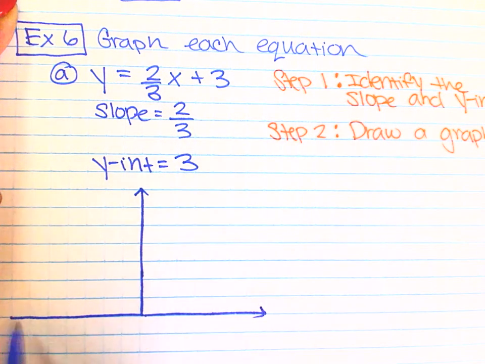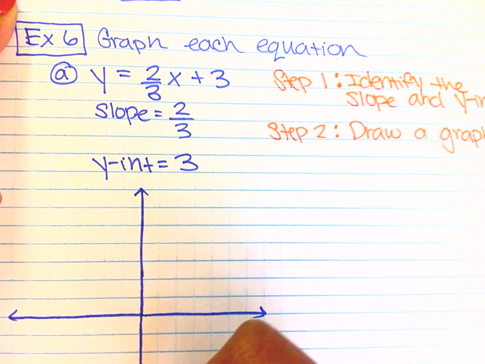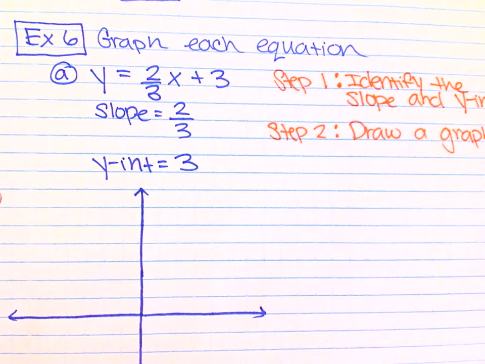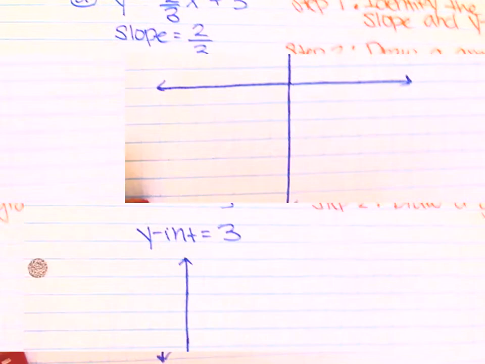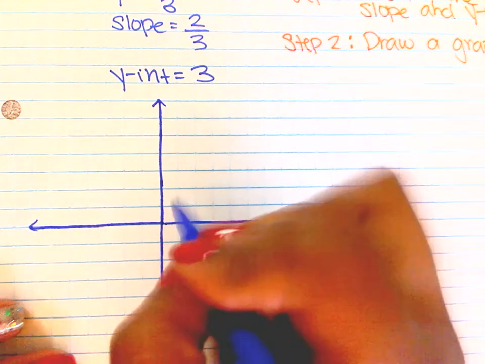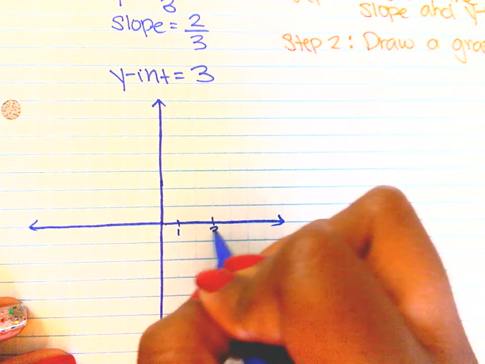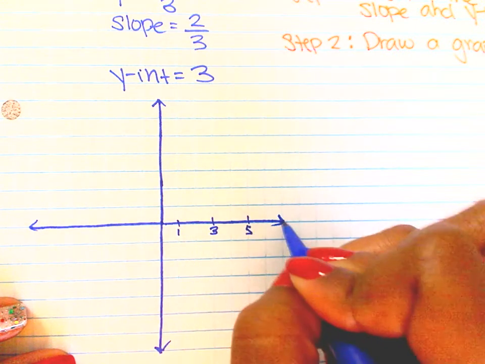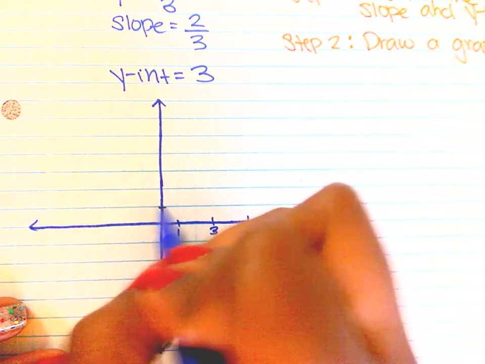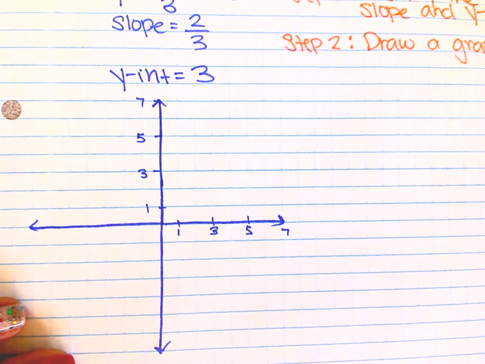You're drawing with me. I have completed step 2. I drew a graph. Now I need to label. I'm going to label by 3s. I don't have to label every number. Positive 1, 3, 5, 7.